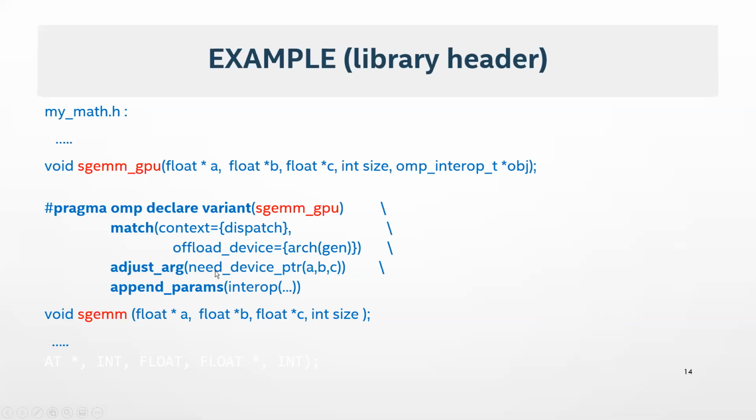Once selected for replacement, I want the device pointers for A, B, C, the first three arguments, and then I want you to append the interop object. So when this function is used under a dispatch construct and you're compiling for architecture gen, you replace the arguments A, B, C with the device pointers, append an interop object, and call this function sgemm-gpu.